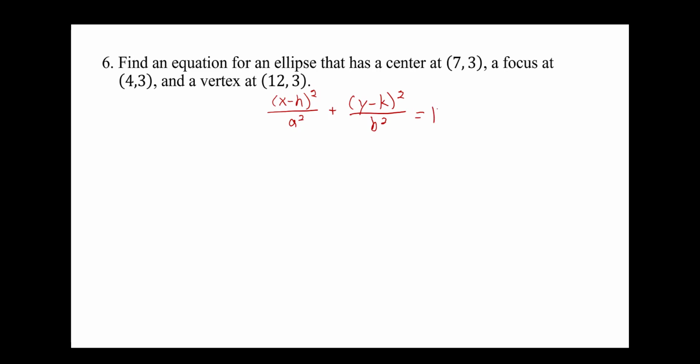Again, like we did in the last problem, I have some information about the ellipse, and if I just throw that information on a graph, I think it will make my life a lot easier. Let's plot those points. It looks like everything's positive here. Let's say this is x, this is y.